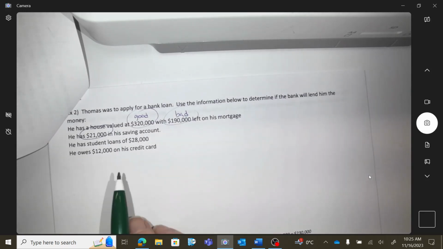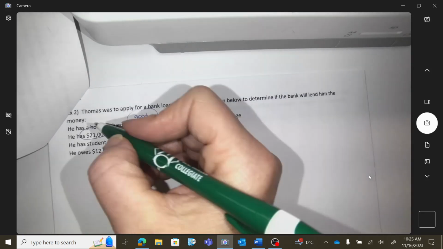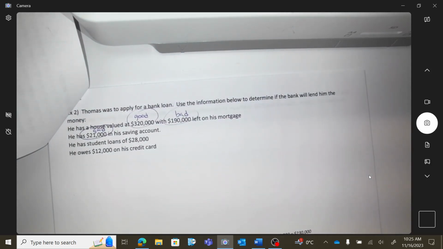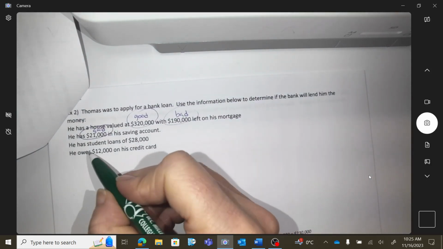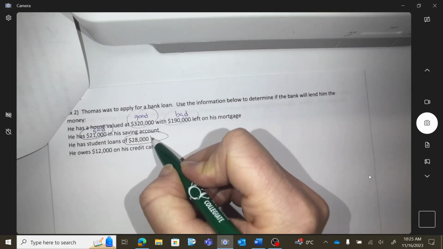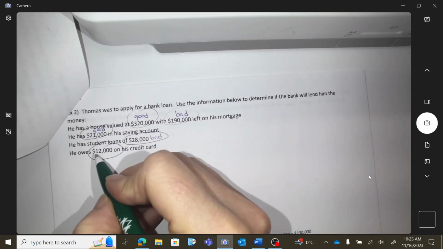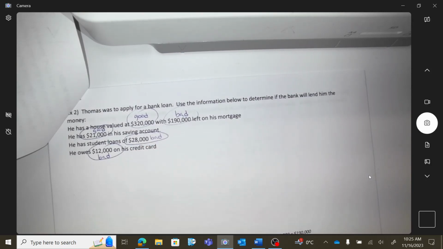He has this much in his savings account, so that's good money. Student loans, so that's bad money. Credit card debt, bad money.